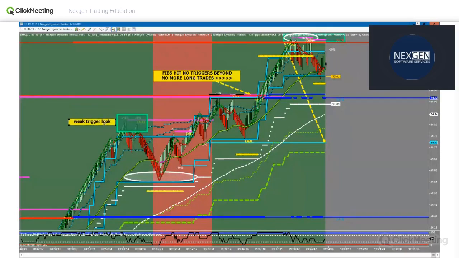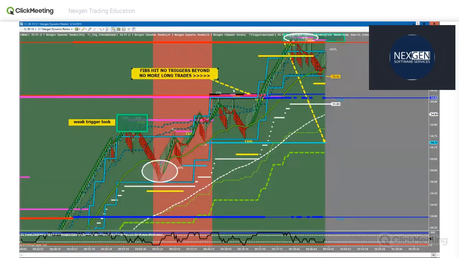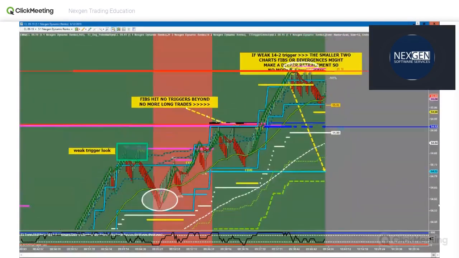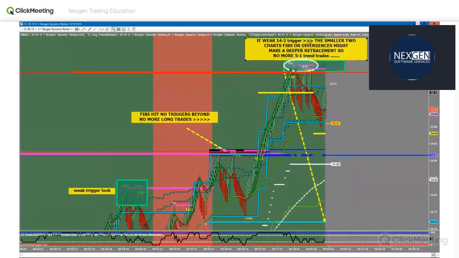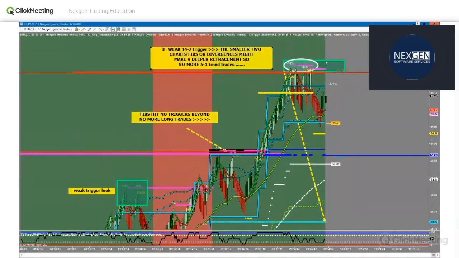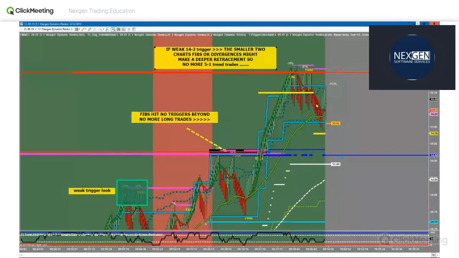So this is where a lot of people still did one more long trade. Now, Eddie did it, got out a little early, which is fine, no big deal. And then we hit fibs, no triggers past, so no long trades until it breaks. And then we go immediately into weak triggers. And now not only do we have weak triggers, but look, we have a small chart that stops us.